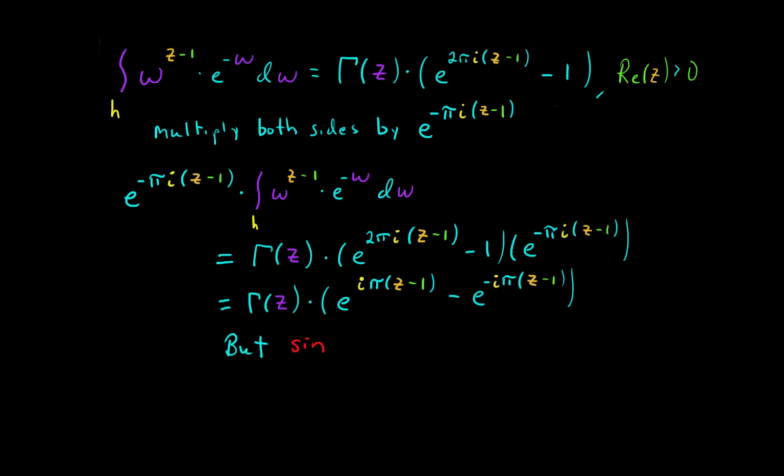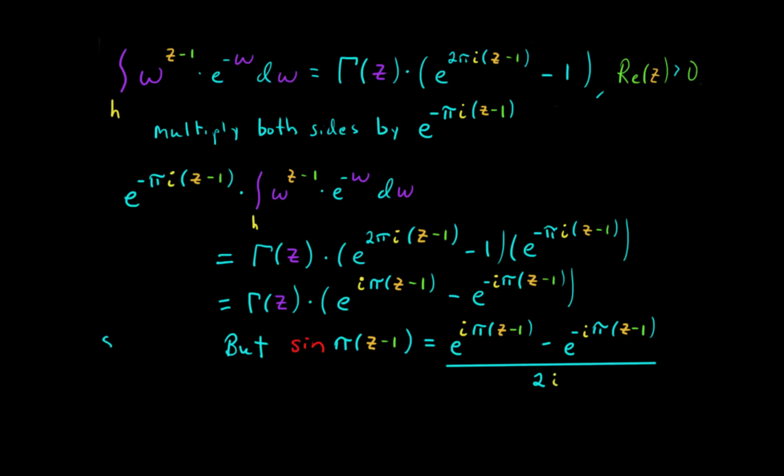And now something truly awesome happens. If you can recall from the definition of the complex sine, we would have sine of pi times z minus 1 equals e to the i pi times z minus 1 minus e to the negative i pi times z minus 1 over 2i. And if this step isn't clear to you, please see my previous video on the complex sine and cosine where I derive that relationship.